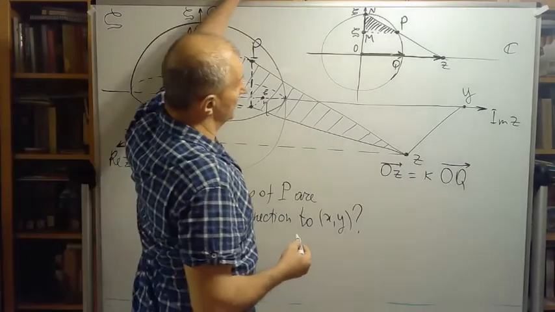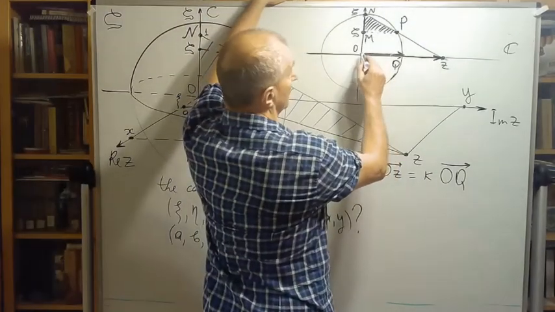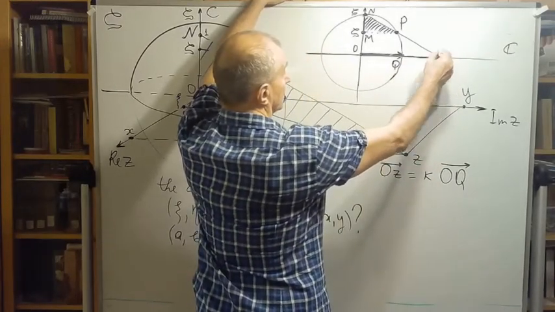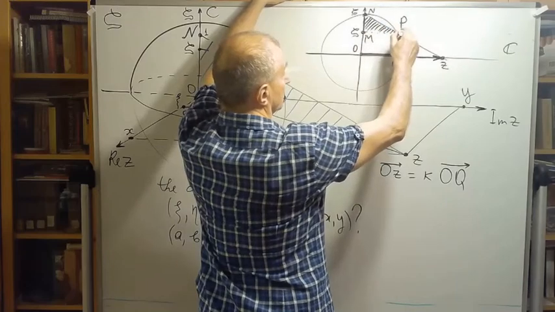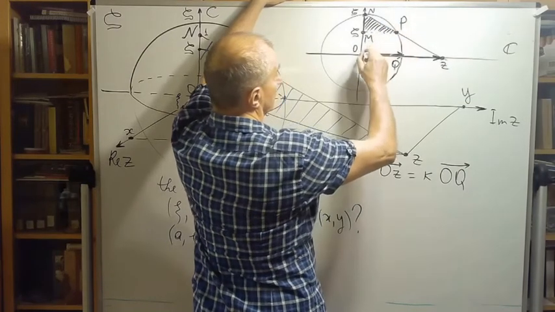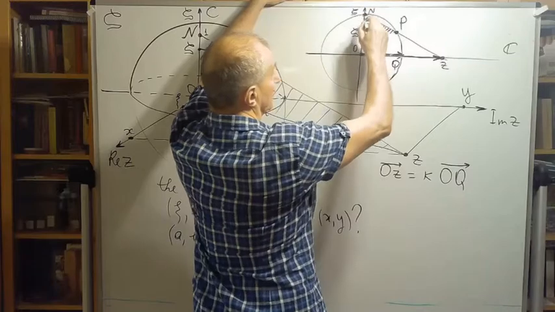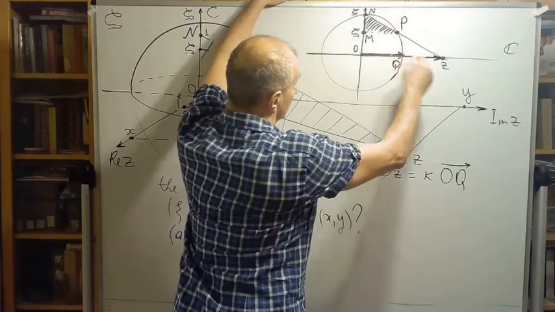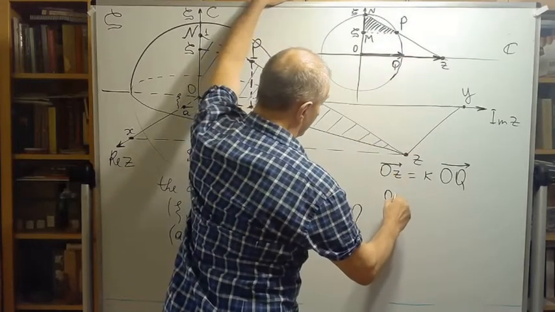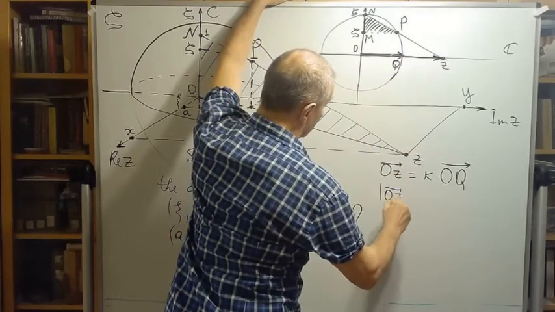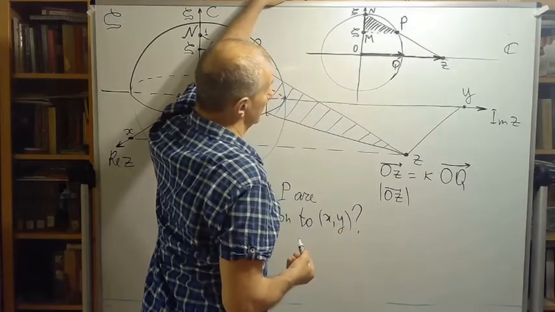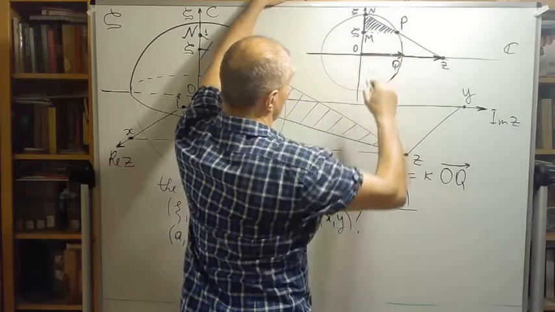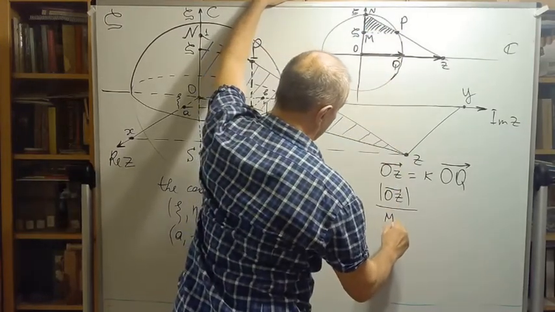So the similarity of this triangle is pretty clear, that the side of the great triangle is to horizontal side of the smaller triangle as the vertical side of the great triangle to the vertical side of the small triangle. That's what I will write. The horizontal side is OZ modulus, so you could write modulus of number Z over this side MP.